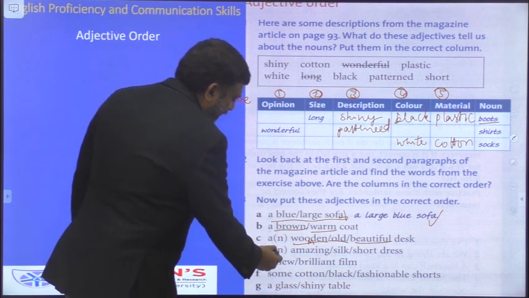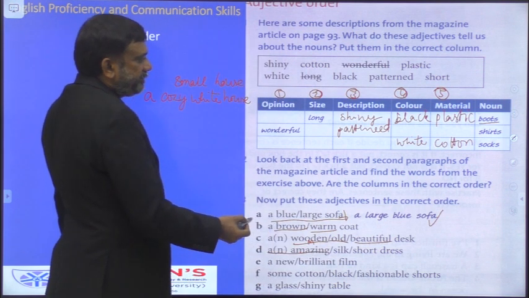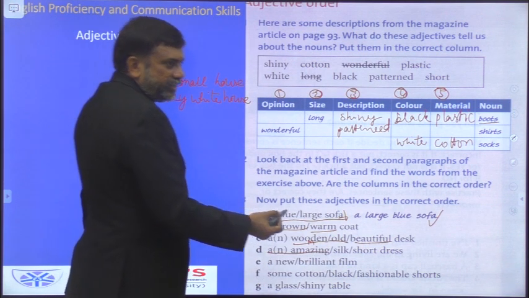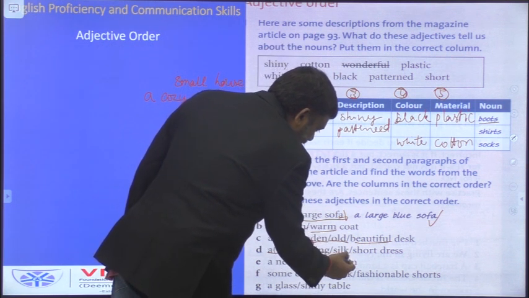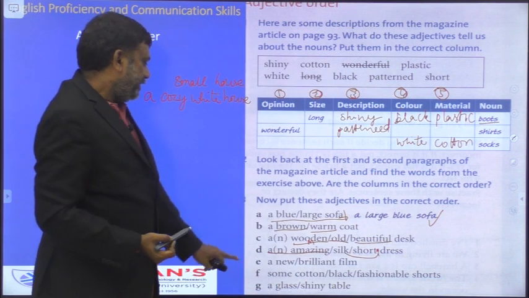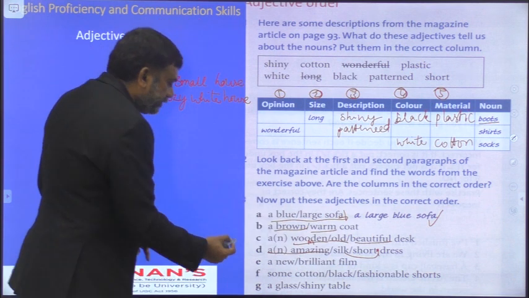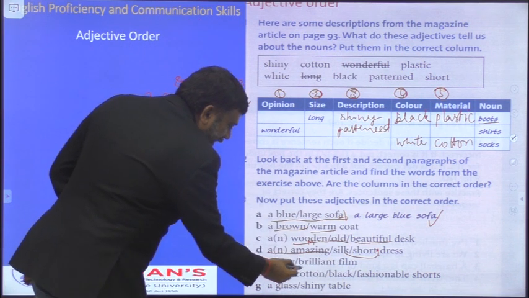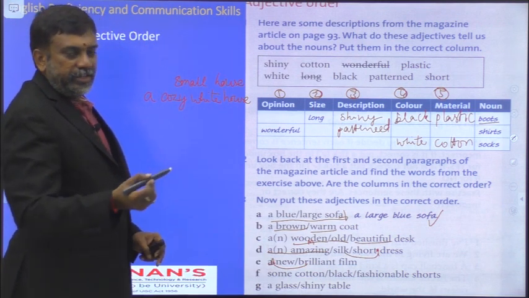The first one, an amazing, fine. After that, short should come first or silk should come first. So here, an amazing short silk dress is the right usage. Next, a new brilliant movie. Here, a brilliant new movie is the right usage.